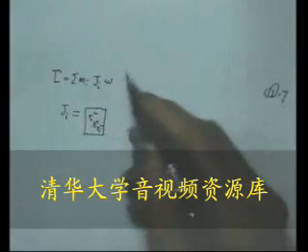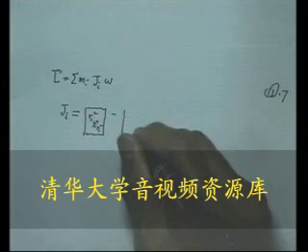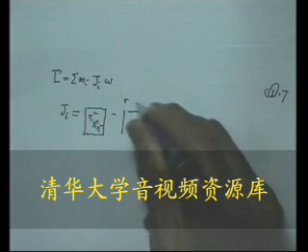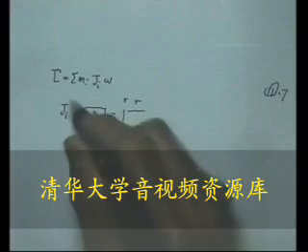That's the first part, minus r, which is also a matrix. Does everybody agree with this?